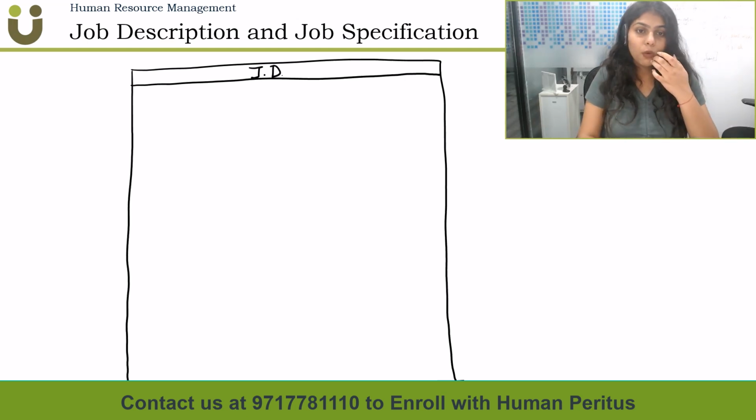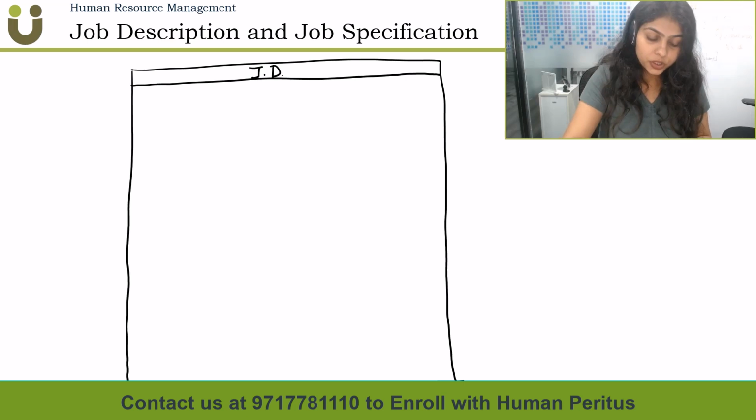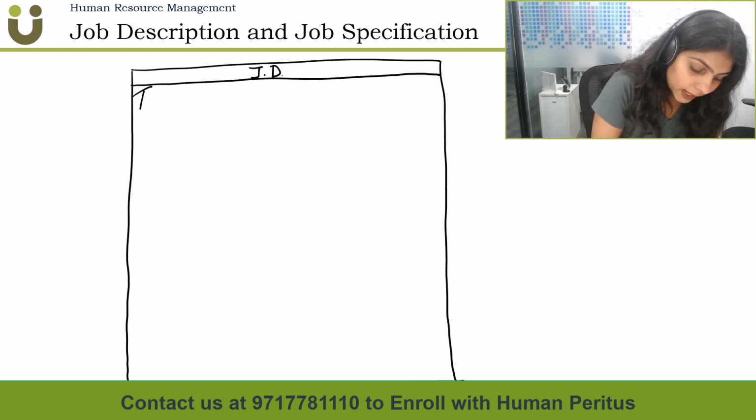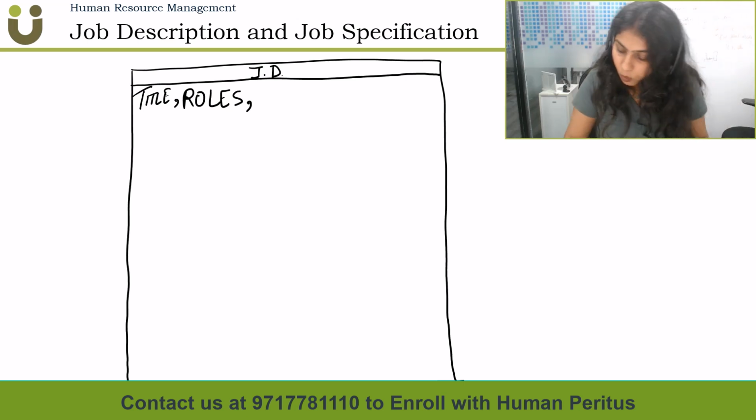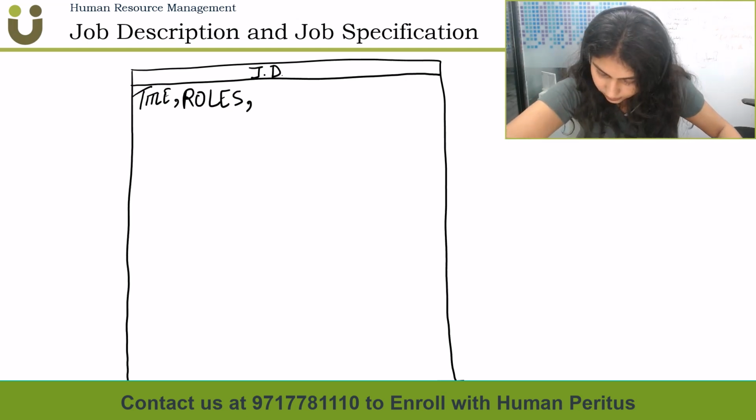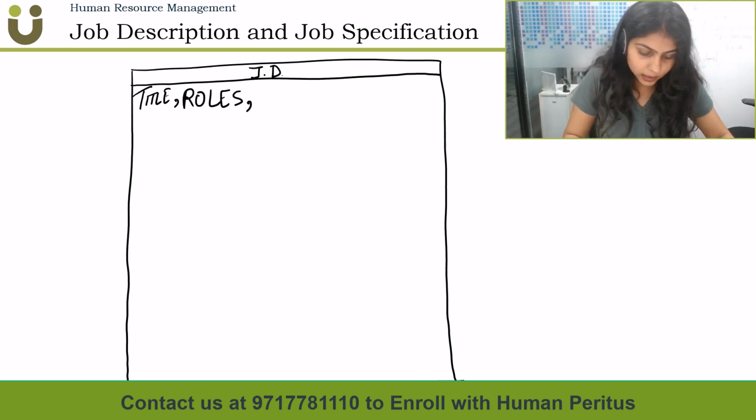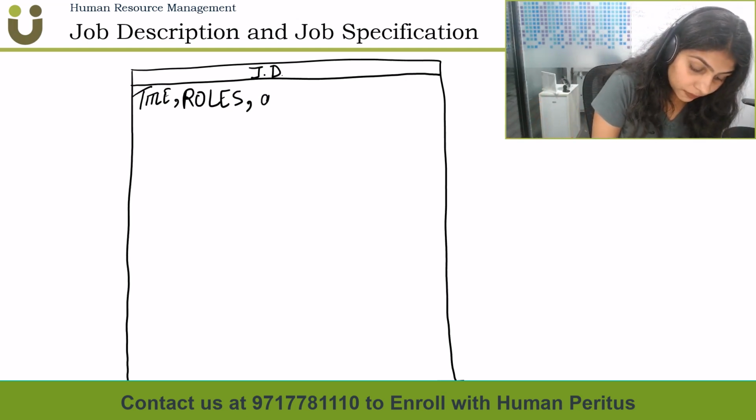Now, what is this job description going to have? Title. Yes, it will have a title. What else? It will contain roles and responsibilities. What else can this job description contain? The level of authority. What else? Working conditions.